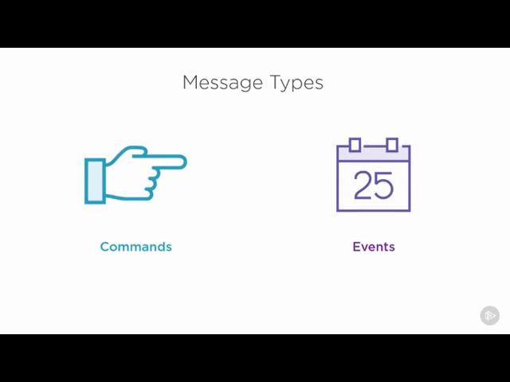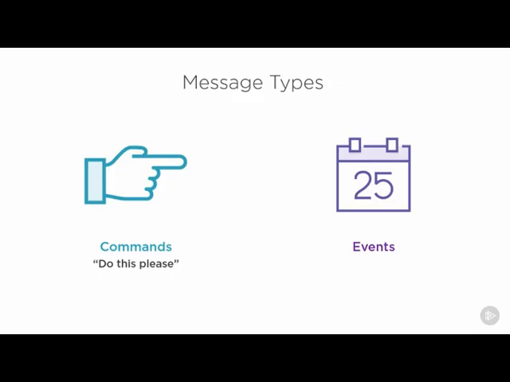There are several different types of messages that you can use. Two of the most important types of message are commands and events. A command message is a request for a particular action to be performed. You can think of a command message as saying, "Do this, please." Imagine you have a microservice that sends out emails.